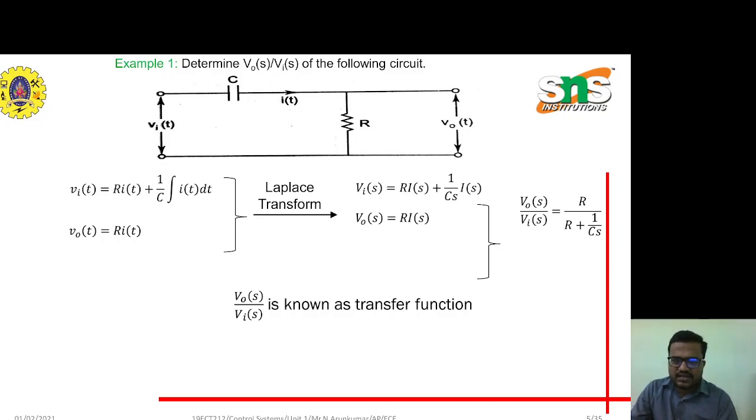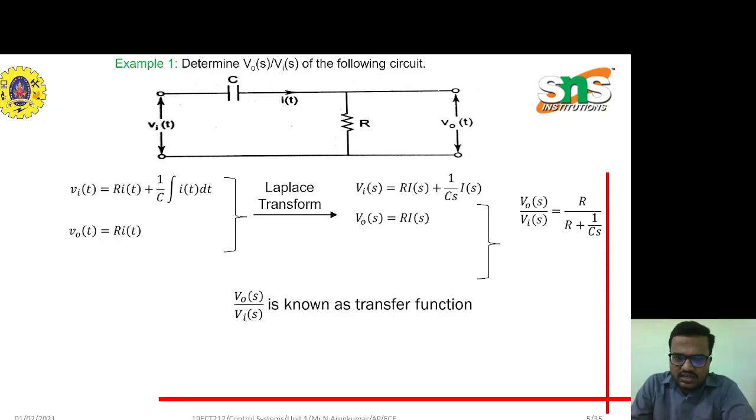Whenever we consider a capacitor, the formula is 1 by C times the integration of i of t dt, because the current flows into the capacitor circuit, so we write the parameter like this.